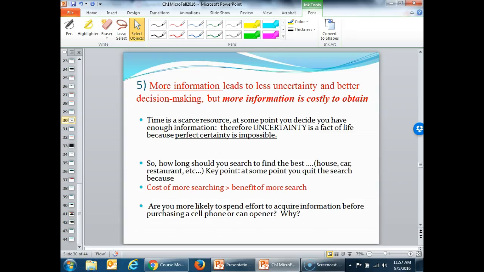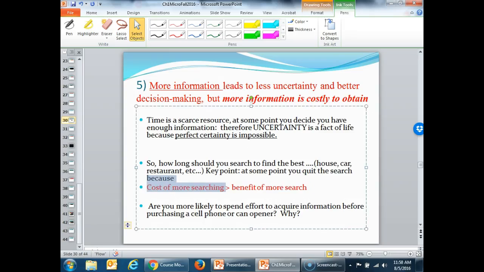And you'll continue to search until the cost of more searching is greater than the benefit. You have searched so much, spent so much time, so much effort in order to find this house. You feel pretty certain about all of the neighborhoods and the characteristics and this, that, and the other. To search more probably won't give you any more good options. And then you got to look at the cost. Should I spend another day searching? I'm going to have to give up work, etc. You kind of get the idea.